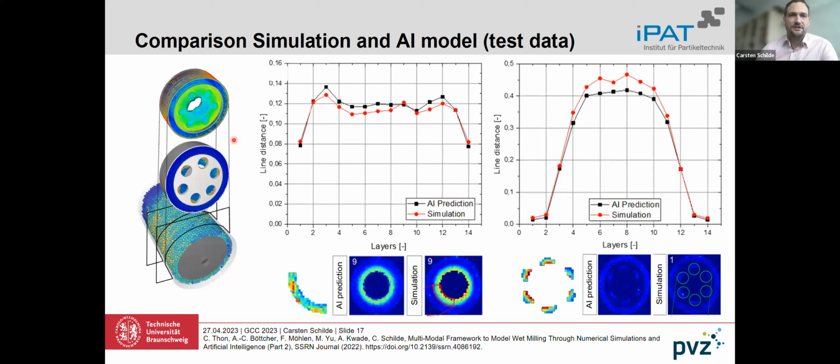Here, firstly, it's shown that it works in principle. So here are the predicted values of the artificial neural network compared to the simulation, which are in good agreement. But if you do some extensions of your modeling, you can come to even better ones.